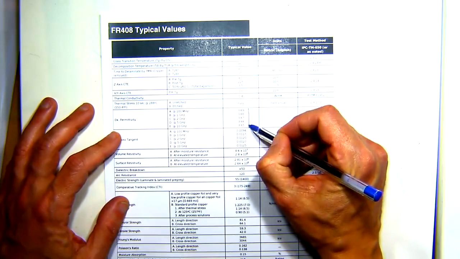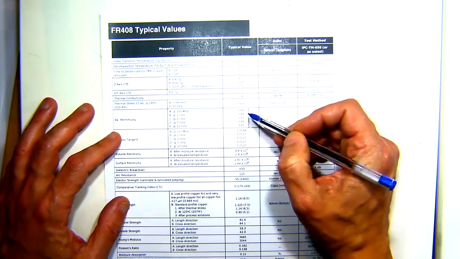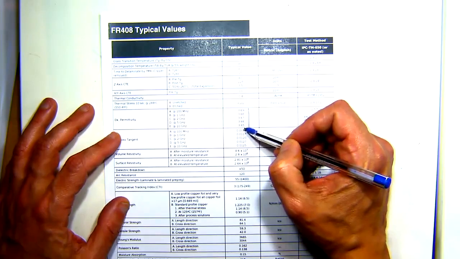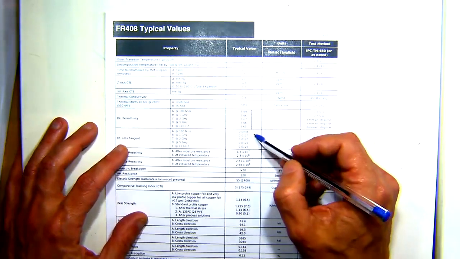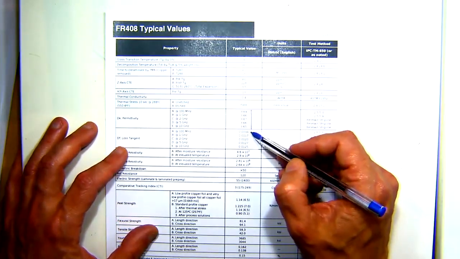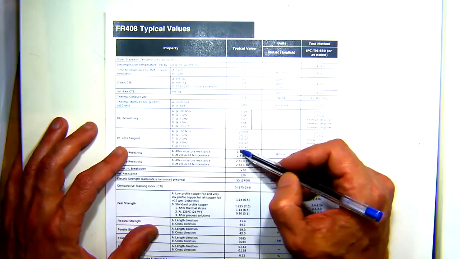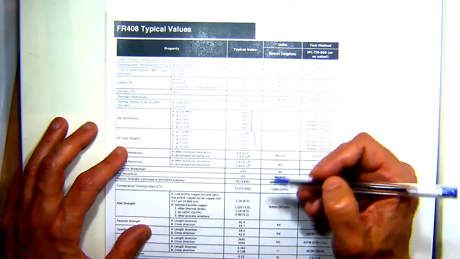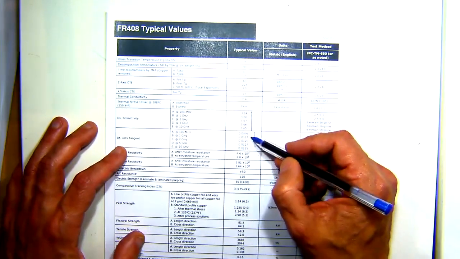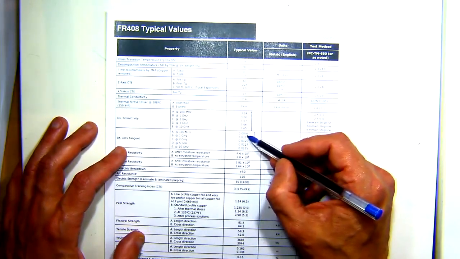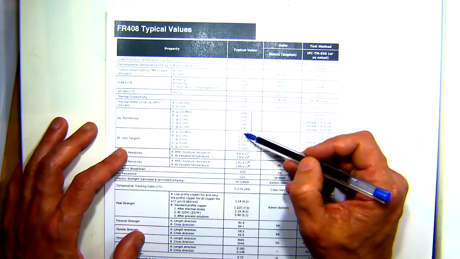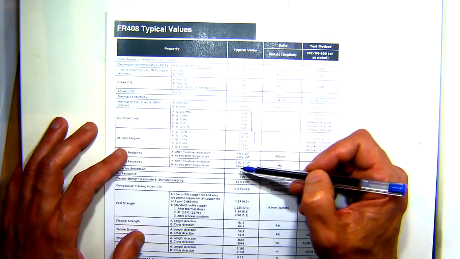It's not too bad in this particular case, but usually it can vary much more. The loss tangent here goes from 0.0094 to 0.0125, which again is not too bad. But for certain other FR4 materials, this can be much, much larger, 10 or 100 times that.